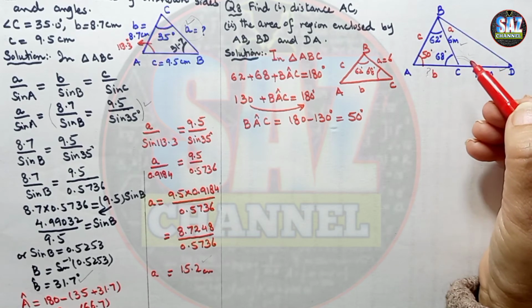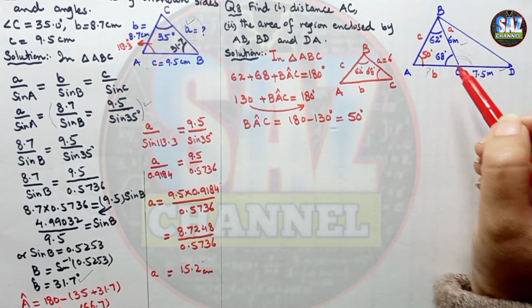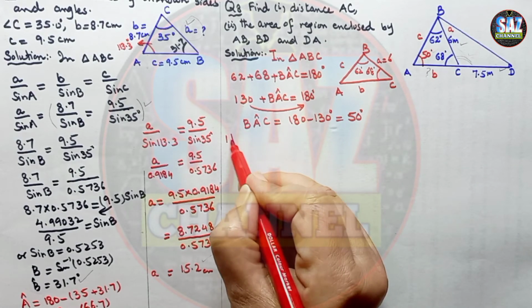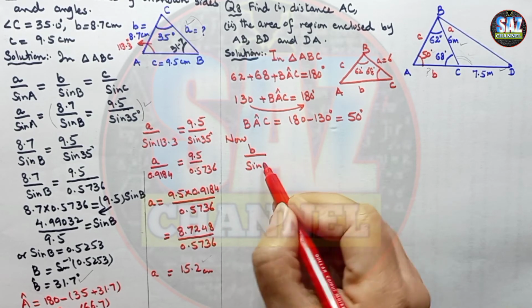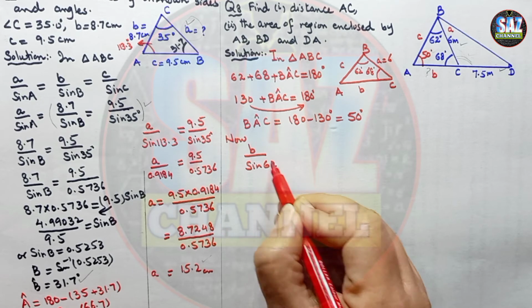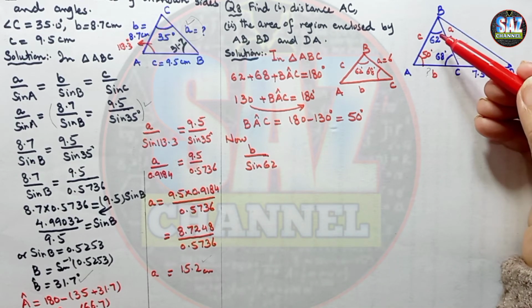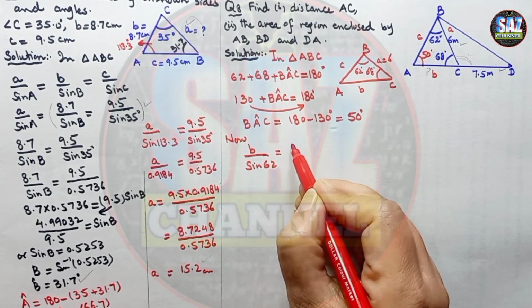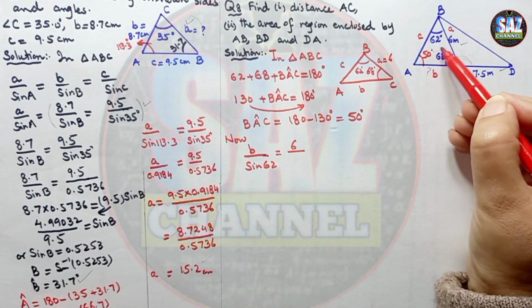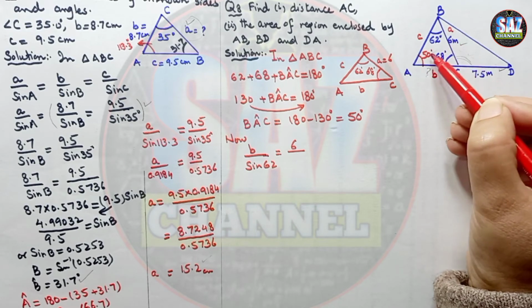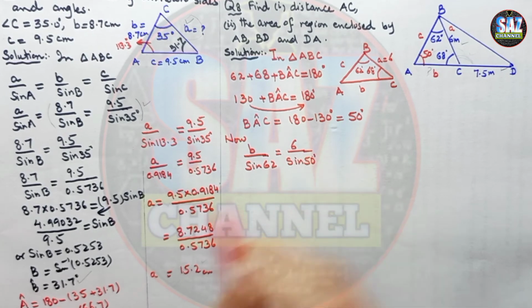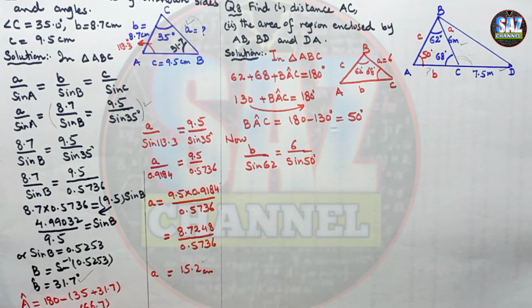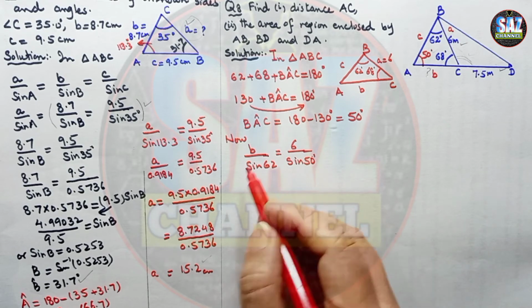And now in order to get the value of AC, I will be taking this triangle. Now B upon sine B, which is equal to sine 62 degrees, B upon sine 62 degrees equals 6 upon, and 6 is the side in front of the 50 degree angle A, sine 50 degrees. Really easy questions, okay? And now sine 62 degrees will give me 0.8829.